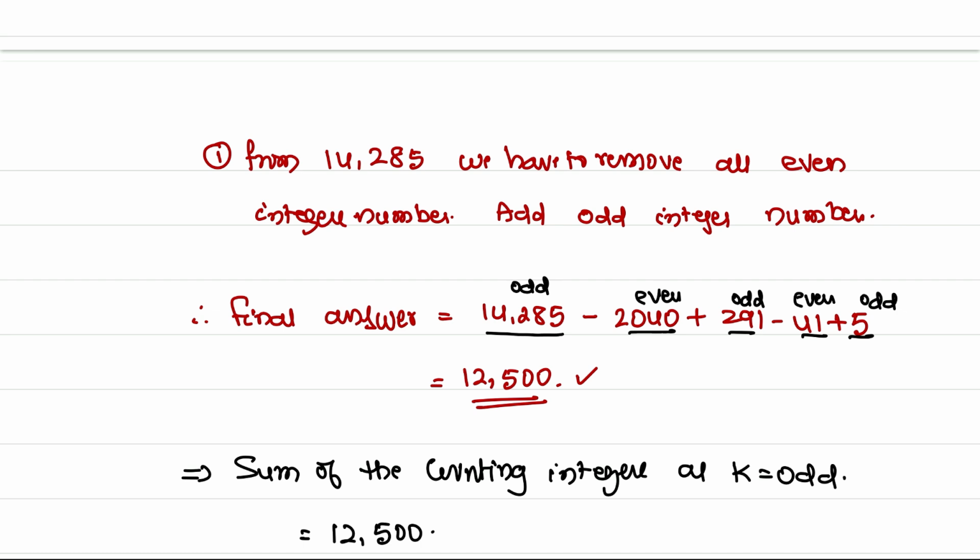This is due to 7 to the power of 1. This is due to these two, 7 to the power of 3. This is due to 7 to the power of 5.